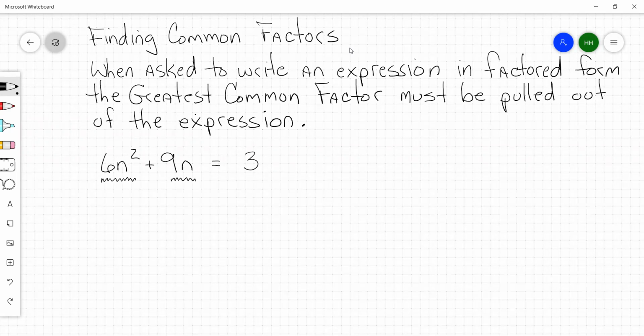Then when you're dealing with variables with exponents, if both terms that you're factoring have a variable, then your greatest common factor has that same variable.